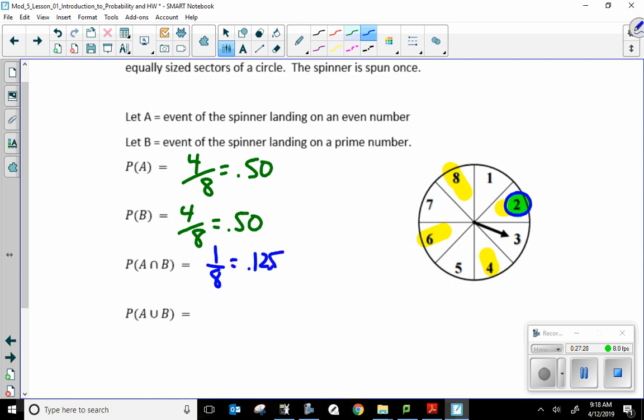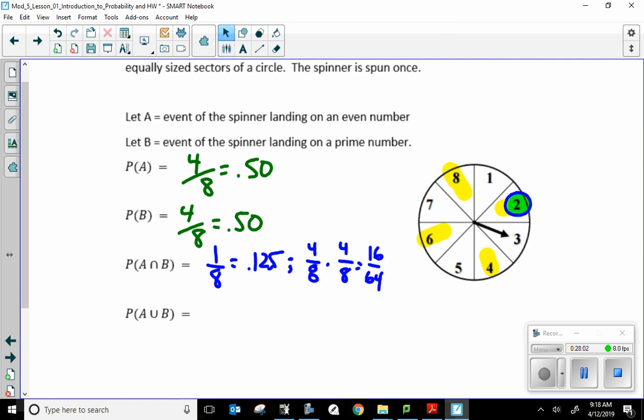But if I wanted to use math, I would take the probability of evens, which is 4 out of 8, and multiply it. No, this is intersection. Would I add? No, and is multiplication. See, that's what you really got to think. We're so used to saying add for and. It is not. I multiply it by the probability of a prime number and get 16 out of 64.